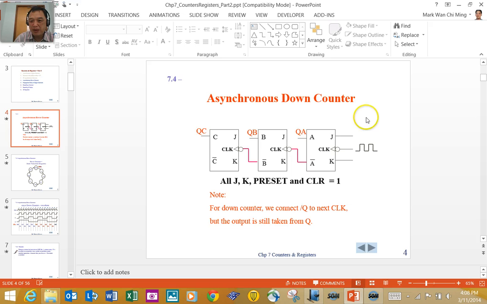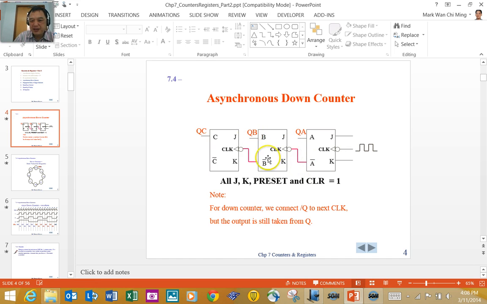Okay, now remember, this is the clock input. A is the output, and then we feed the inverting output into the clock.